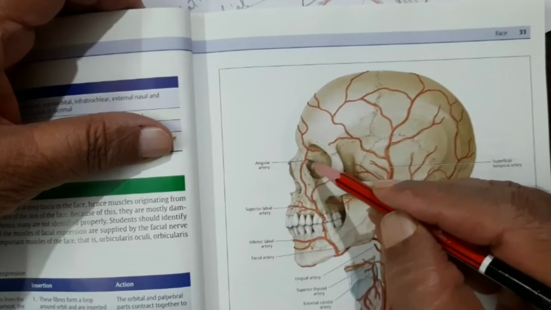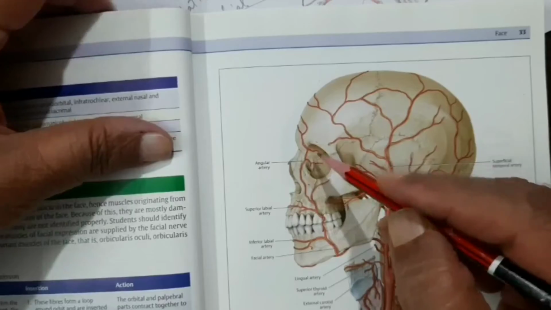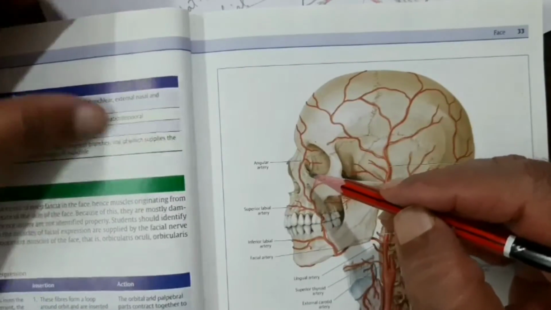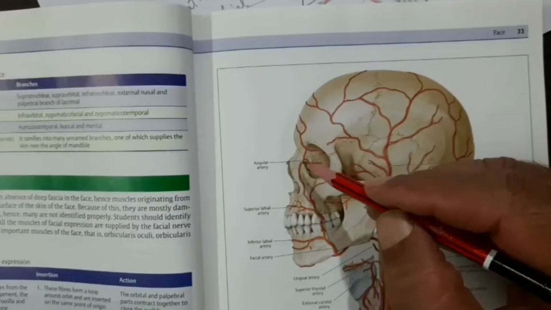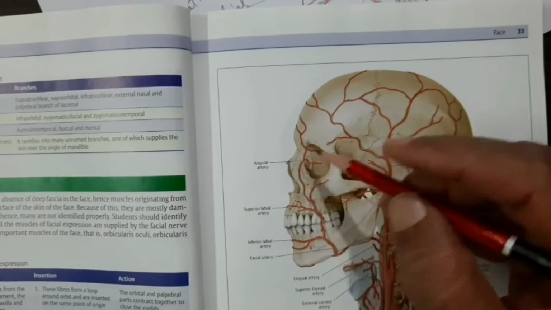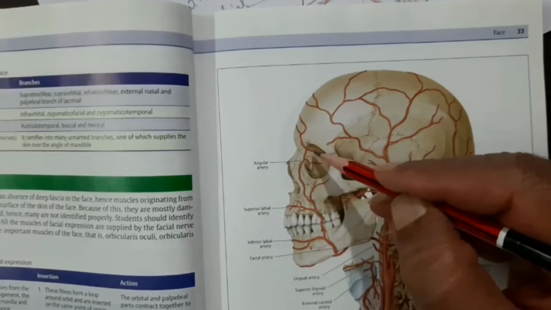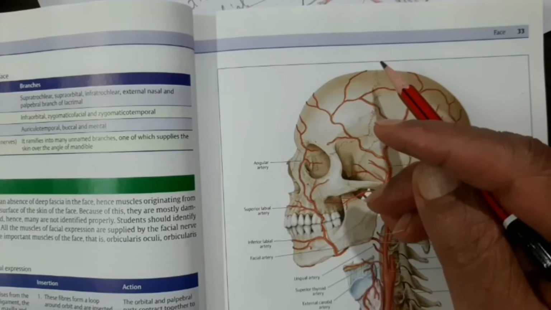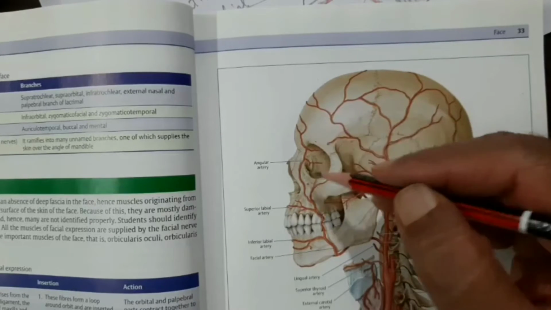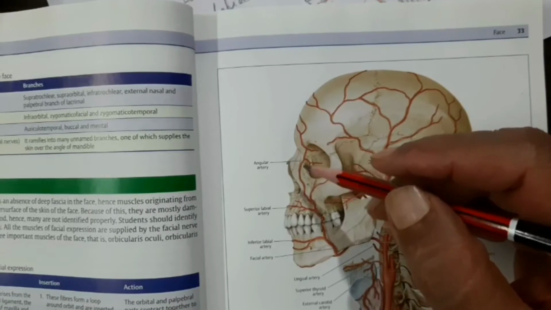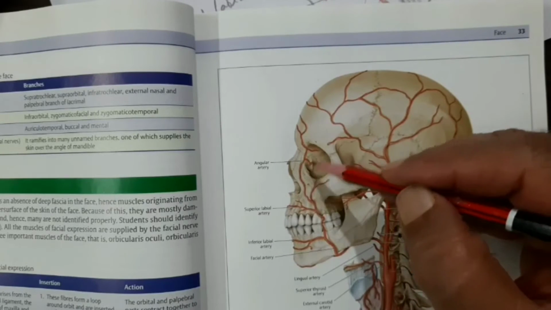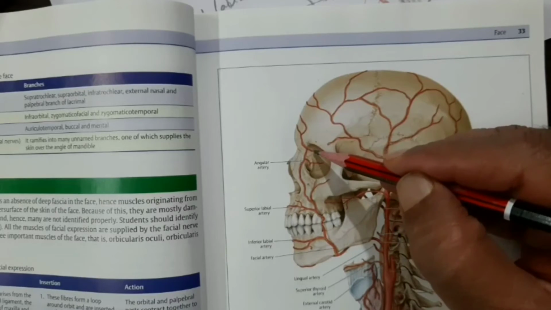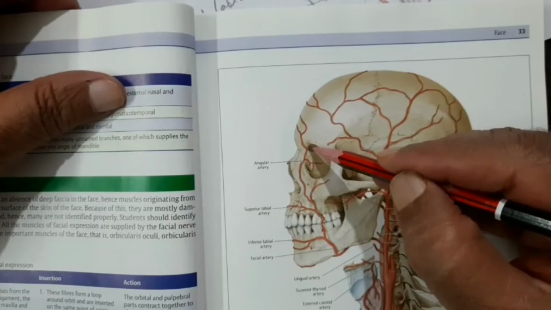So with which branches is it anastomosing? It is anastomosing at the medial angle with the branches of the external carotid artery, and these are the dorsal nasal, and it may also anastomose with the supraorbital branch.